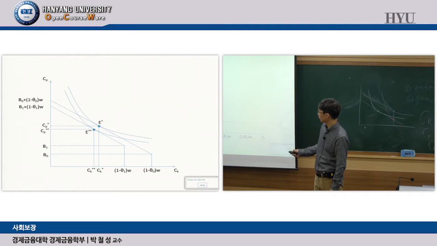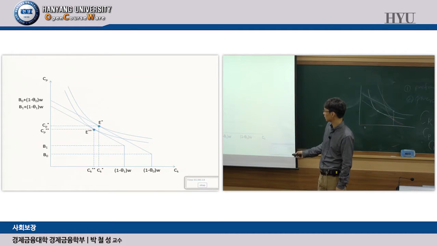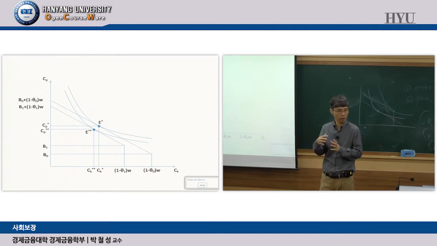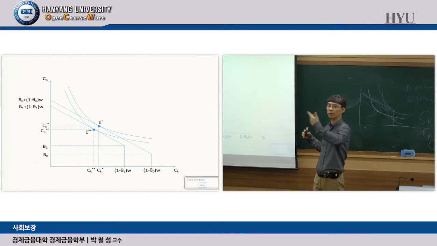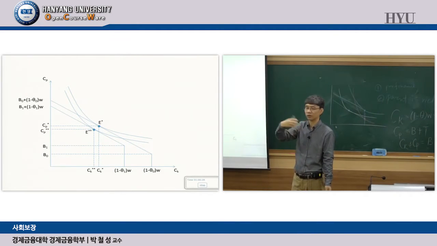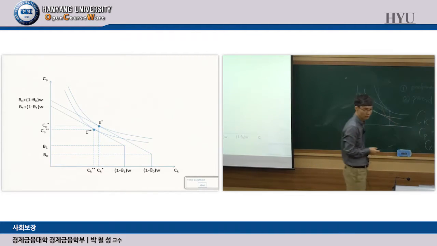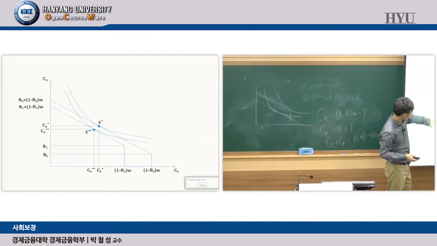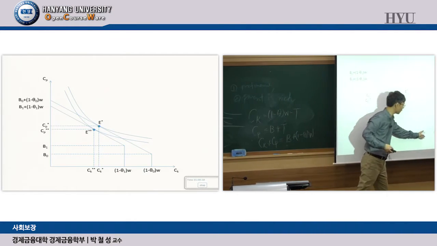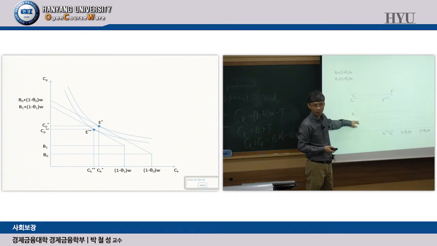But let's say for demographic reasons, the child's generation is smaller than the parent's generation. So if we give $1 more to our parents, then each child should pay not just $1, actually more than $1, because we have too many parents. Then the B0 to B1 increase is smaller, but the decrease of the child's income is going to be much larger than the increase of benefit. Okay.